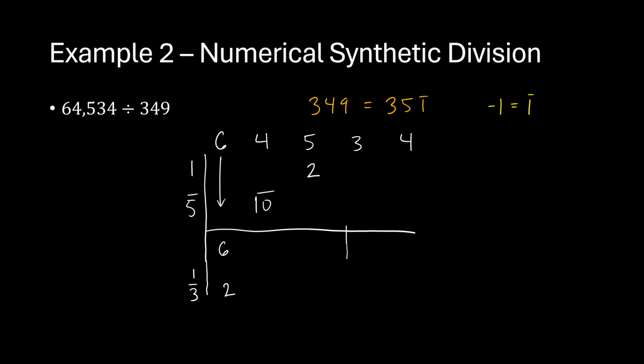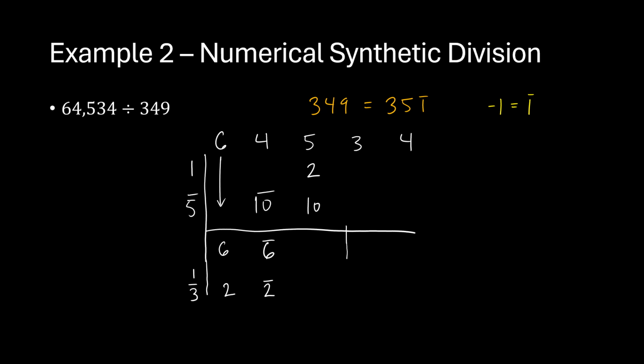Then add the next column. So that'd be 4 minus 10, which is a -6. -6 over 3 is a -2. Now we're going to do the same thing again. -2 times -10 is +10. Again at the diagonal.